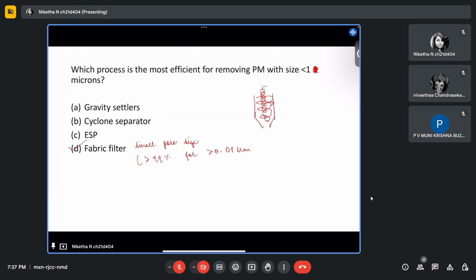Since the question is which process is effective for removing particles of less than 1 micron in size, we can say that fabric filter is useful because the other equipment are not very effective at removing particles less than 1 micron in size. Like we discussed for gravity settler, it should be more than 50 microns.